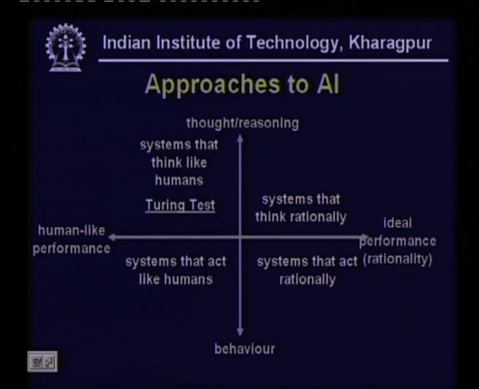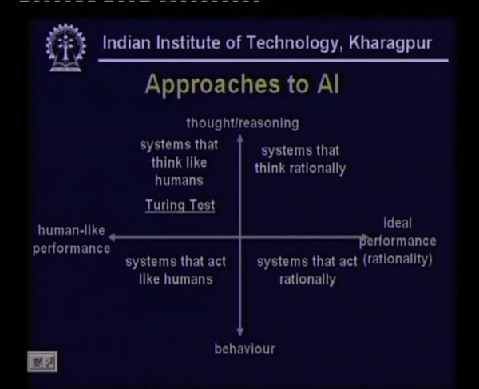The second definition is systems that think rationally. This is the school of thought where different philosophers, mathematicians and computer scientists have worked on logic and laws of thought.